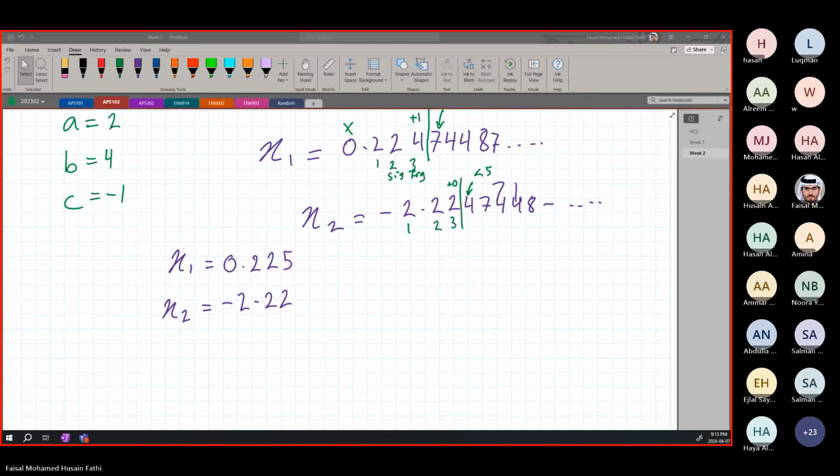Again, this requires a lot of practice if you want to do it without the calculator. It's all the same.